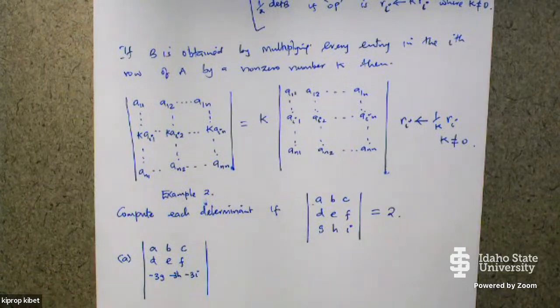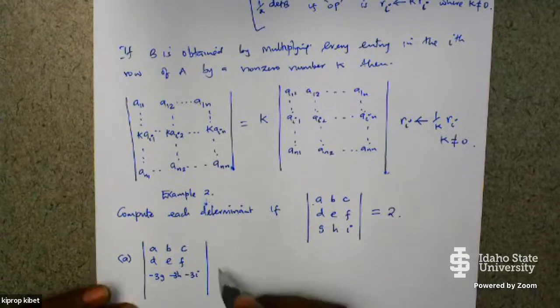So what will be the determinant of that? Which property can we use? We factor out what?